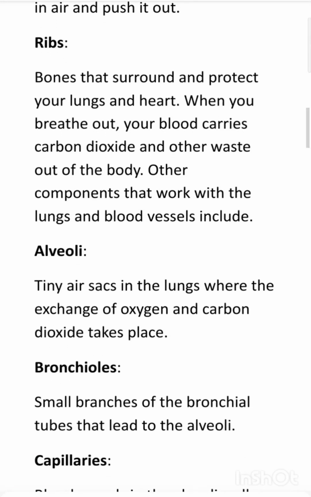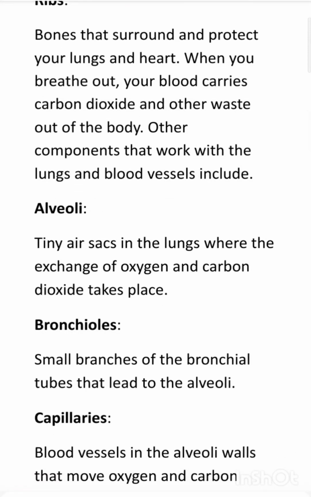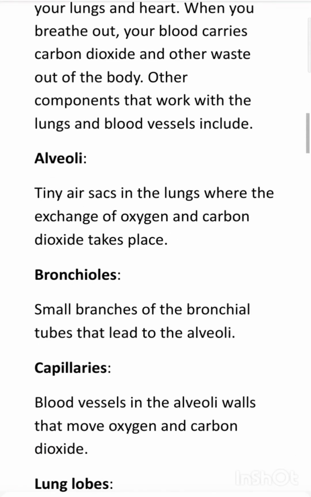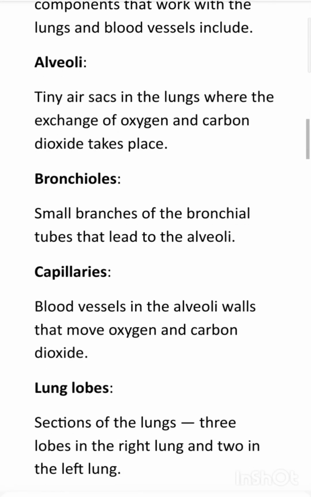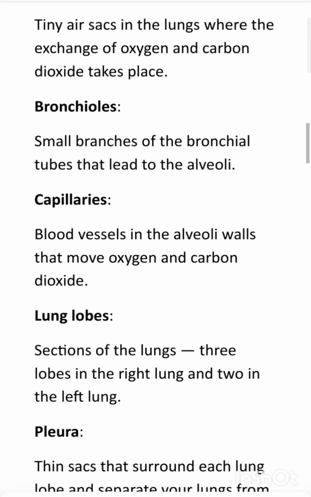Other components that work with the lungs and blood vessels include alveoli, tiny air sacs in the lungs where the exchange of oxygen and carbon dioxide takes place. Bronchioles, branches of the bronchial tubes that lead to the alveoli.